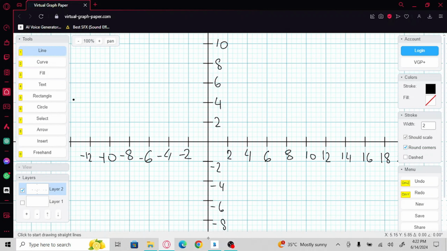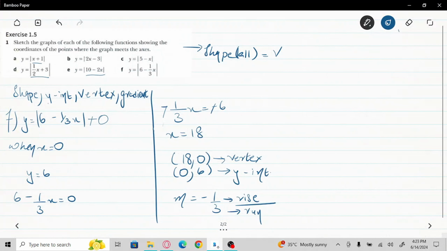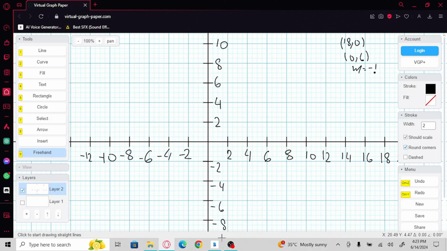Okay, so we have set the graph and we have the coordinates 18, 0 and 0, 6, and the gradient is negative 1 upon 3. 1 is the rise, 3 is the run, meaning the changing x values. First of all, plot the coordinates on the graph. When x equals 18, y equals 0, so here's our first point. When x equals 0, y equals 6. That is our second point.